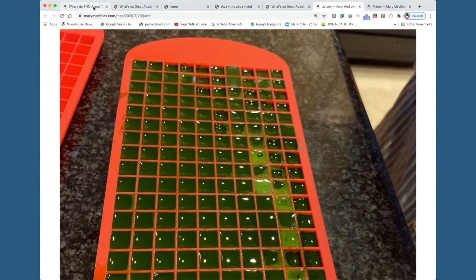So it looks like we can freeze our juices to make them last a little longer. I kept some cannabis juice in the fridge, unfrozen, and I was drinking a little bit of it. After about a couple of weeks, it started smelling almost like fish, because of all those vitamins we were talking about.